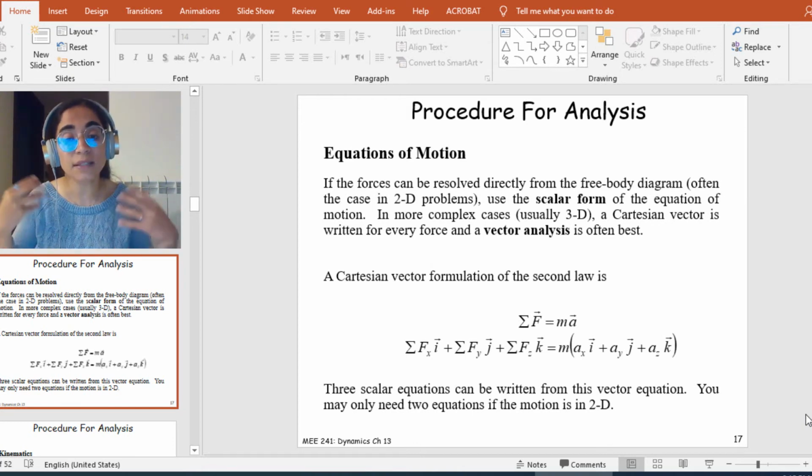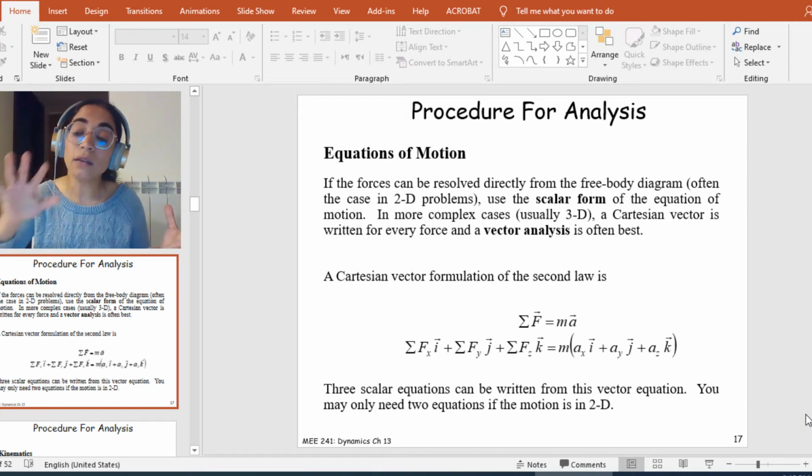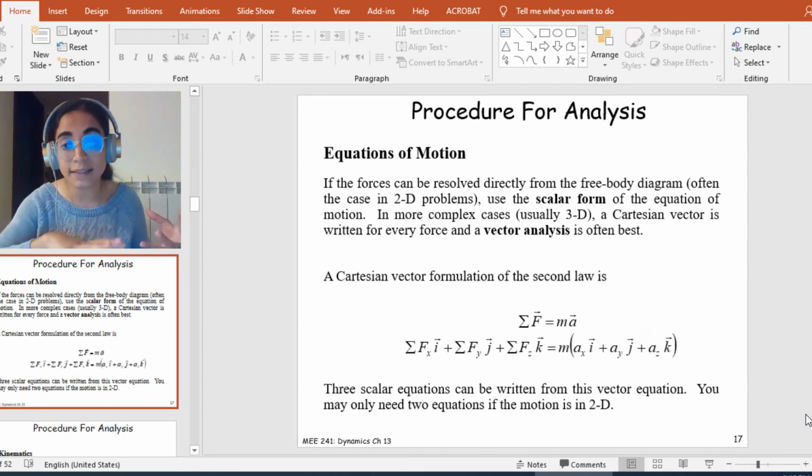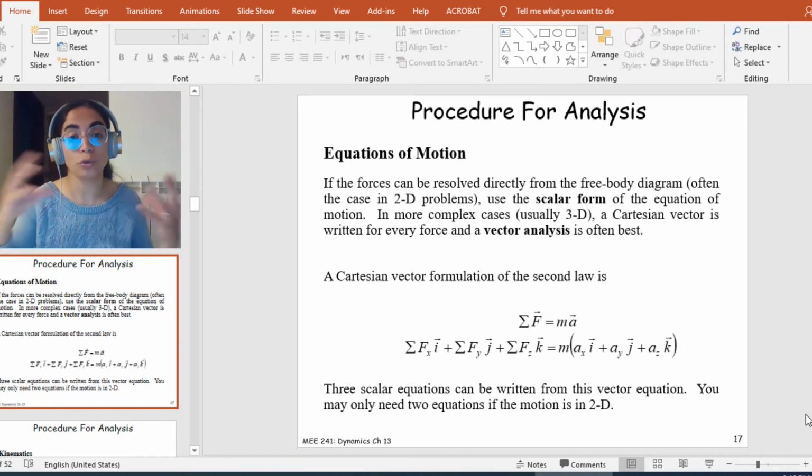And the third step is now to apply Newton's second law that states that the sum of F is equal to ma in your chosen coordinate system. For example, if it is a rectangular component system, you have to show it in a Cartesian vector formulation like ijk, or in a scalar formulation like xyz.